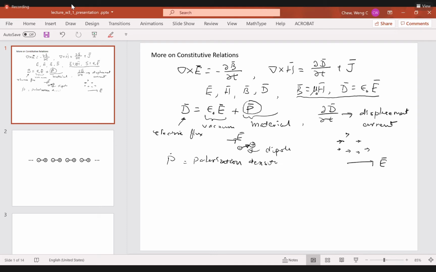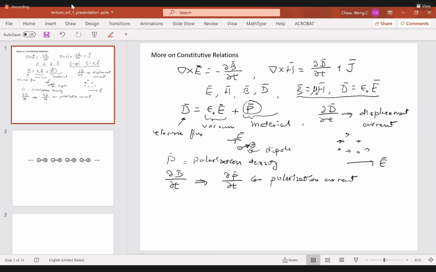And then when you put the P into the displacement current, there's going to be an additional term that is a contribution to the displacement current. This is called the polarization current. This polarization current is quite interesting, and we'll study more of it later.